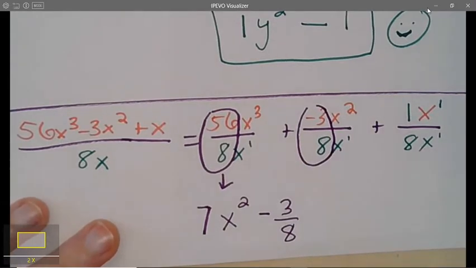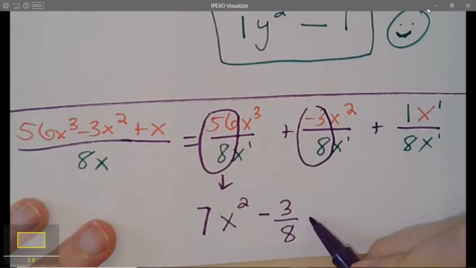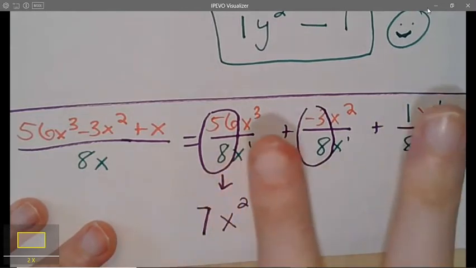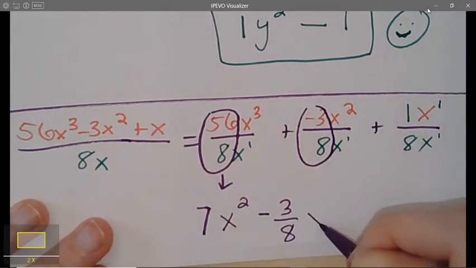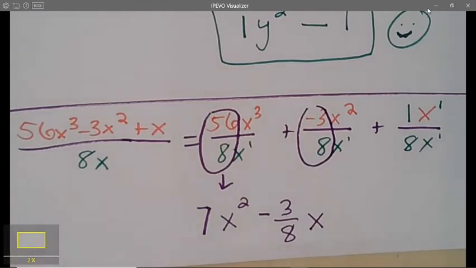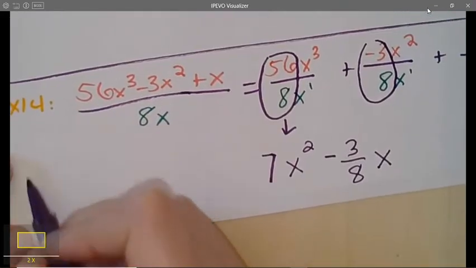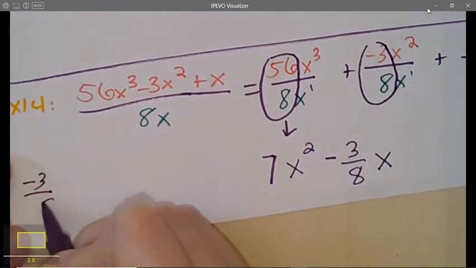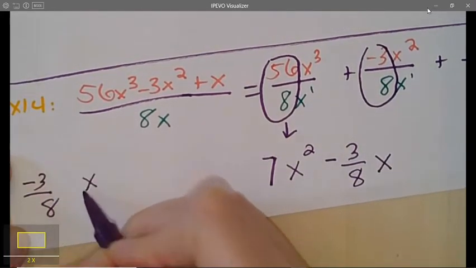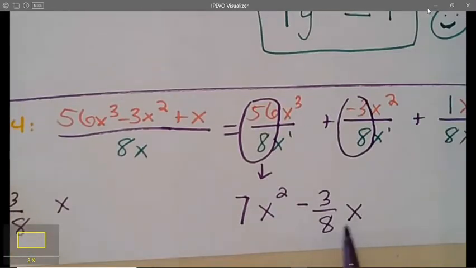Now, when you're writing the x, there are 2 ways you can do it. This is typically the way you would write this. You write the coefficient in front of the x. Now, technically what this means, you guys, I'm going to write it over here. Negative 3 over 8x. Remember, if you ever have 2 things written right next to each other, there secretly is multiplication in between.